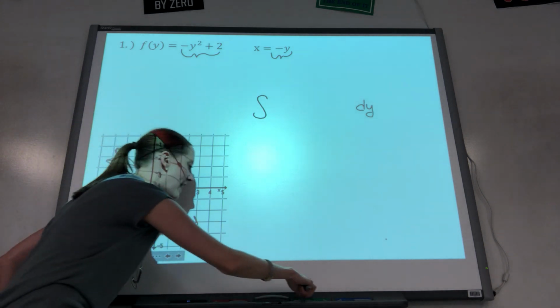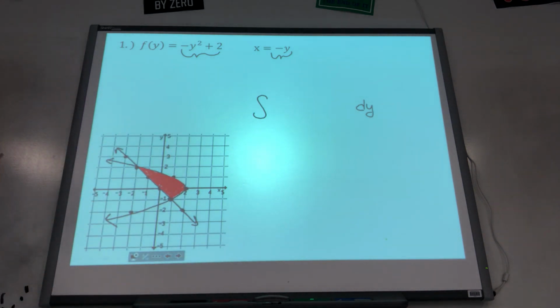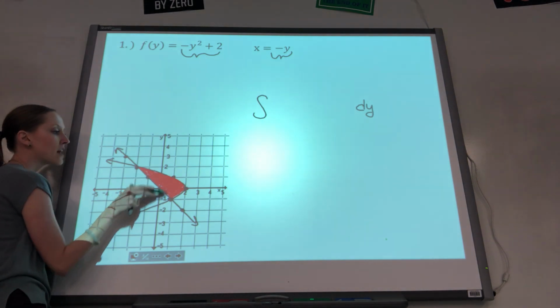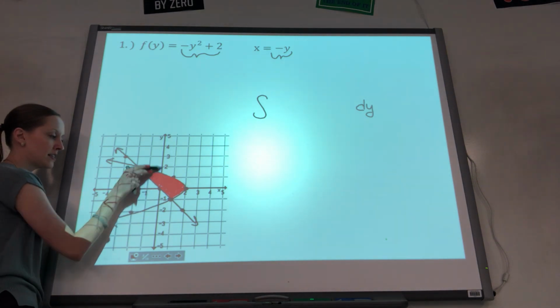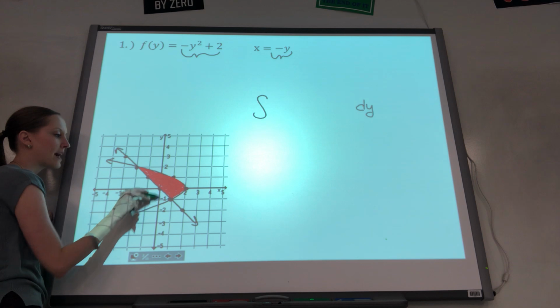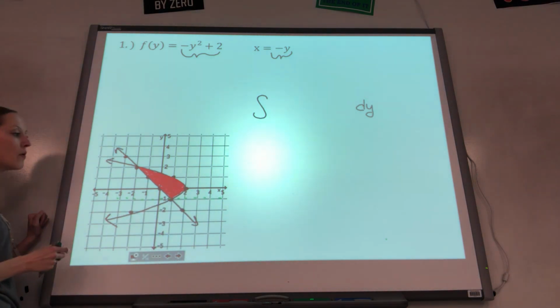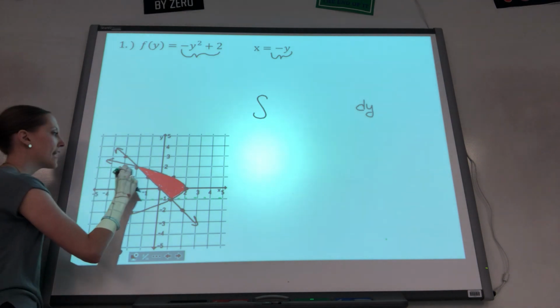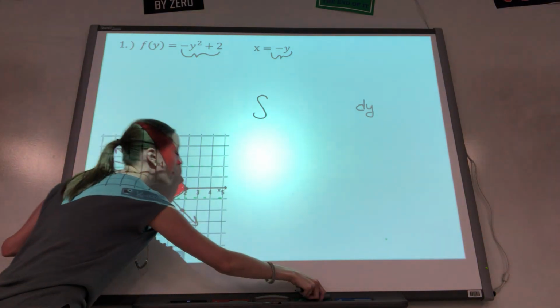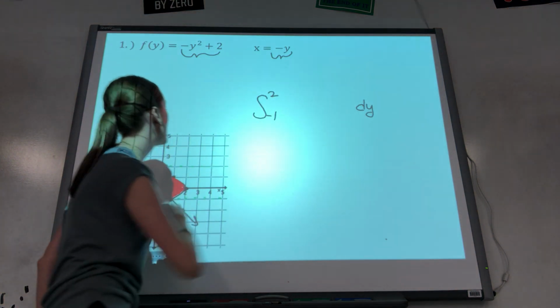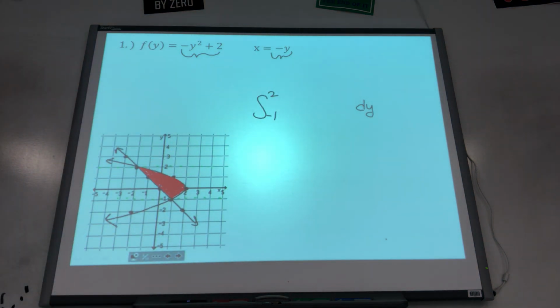Now, before I do that, I'm going to set up my lower bound and my upper bound. Again, those are y values since we're integrating with respect to y. So, lowest y value is -1, and the highest is +2. -1 to +2. And remember the order that these have to be in.